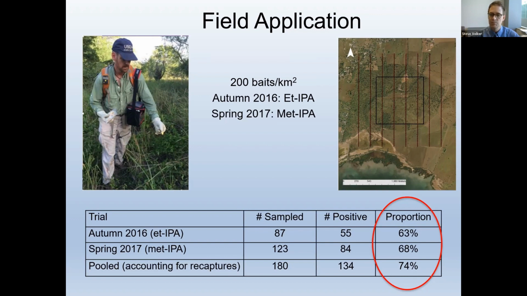So we were able to pool the samples from both trials and come up with a consumption rate of about 74% of animals captured across both seasons being positive for either one or both of the iophenoxic acid congeners. This was also very useful because it allowed us to determine which season the animal had consumed the baits in. Some animals consumed only in the autumn, some only in the spring, and some had consumed baits during both field applications.